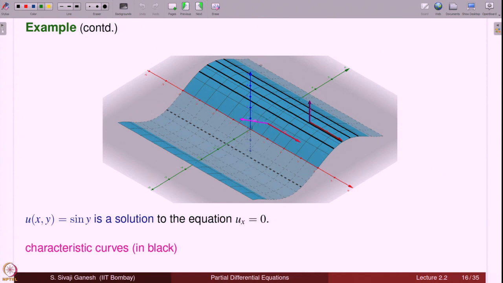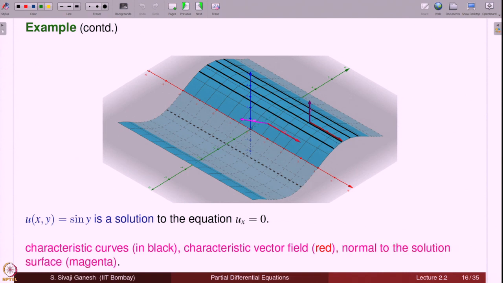Now, characteristic curves are in black, which are straight lines, we know that. The characteristic vector field is in red color, which is this, because the characteristic vector field is (1, 0, 0) at every point. So, it is in the direction of e1 at every point, and the normal to the solution surface is in magenta. It keeps changing from point to point.